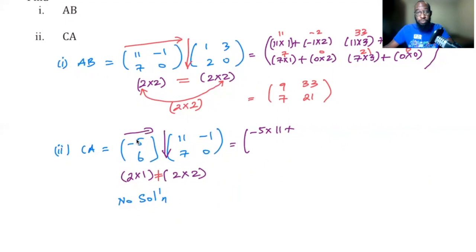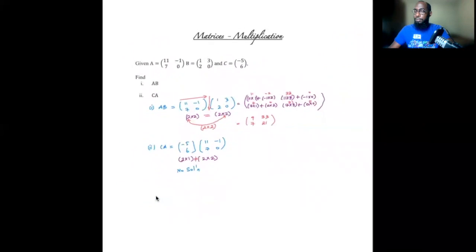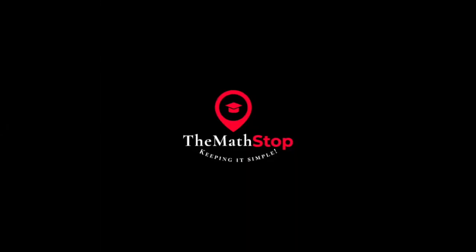We're going across, we have -5 first with first, but we don't have any second with second, right? So this matrix here cannot be multiplied. So, you know, you don't have to do all that. Once you know that these 2 numbers are not equal, you can't multiply the matrices, no solution. Once you do this, you're correct, all right? So that's it, that relates to matrix multiplication.